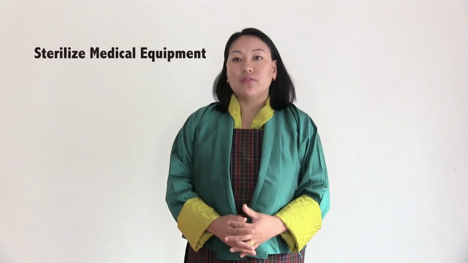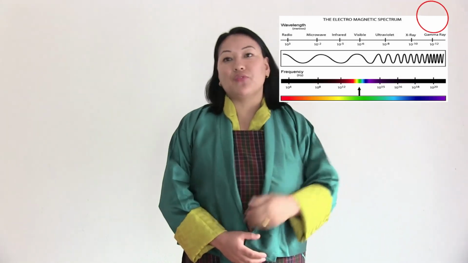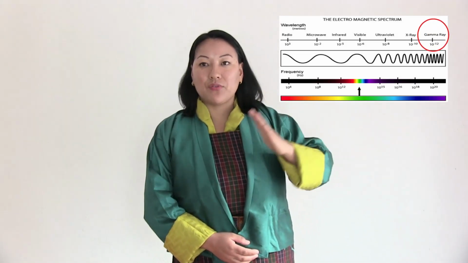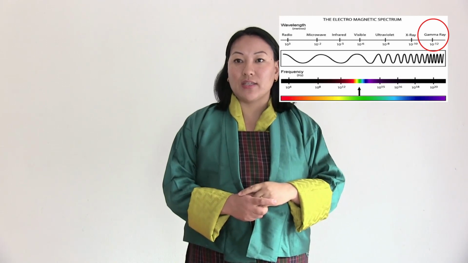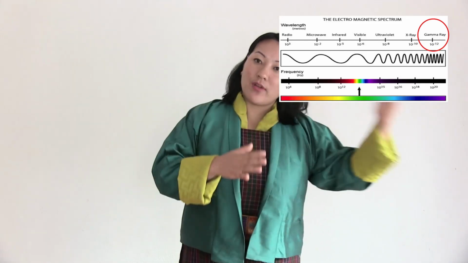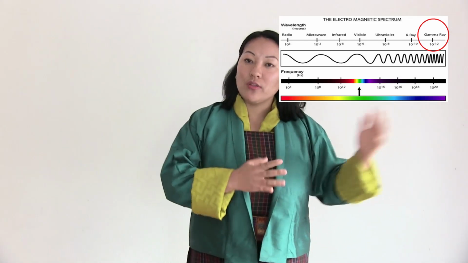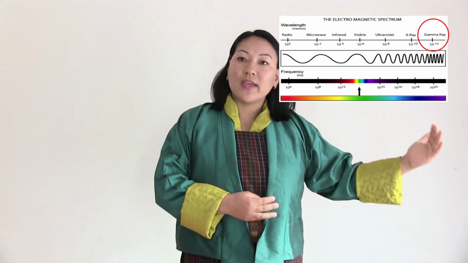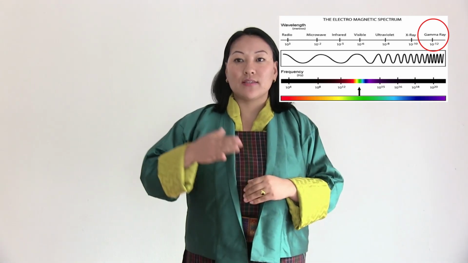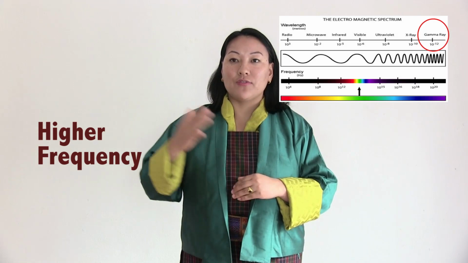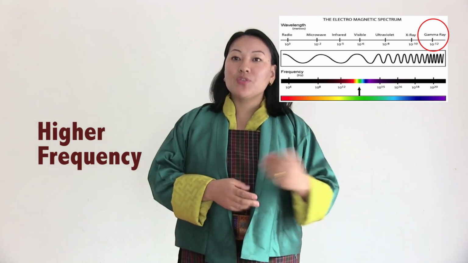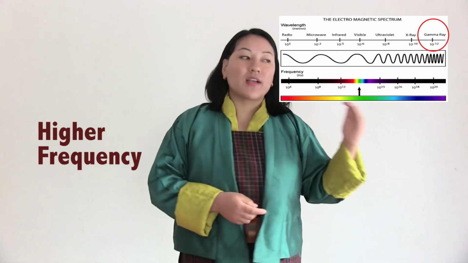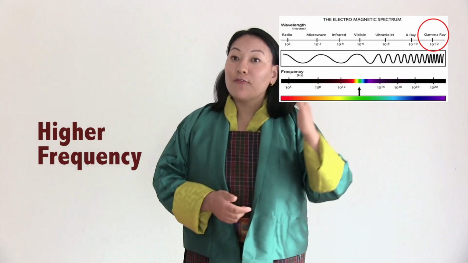The second use is related to the fact that gamma rays lie at the extreme right. As we move from left to right, the frequency keeps on increasing, so towards the extreme right the frequency is higher. Compared to other electromagnetic waves, gamma rays have the highest frequency.